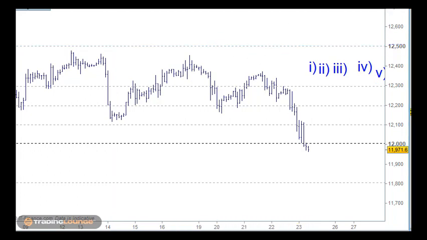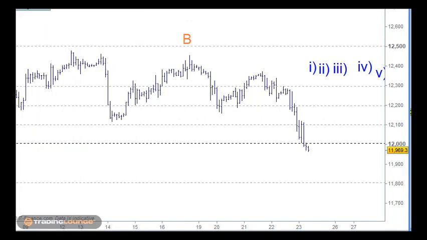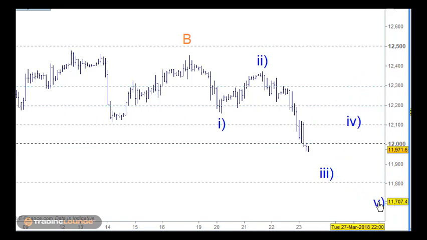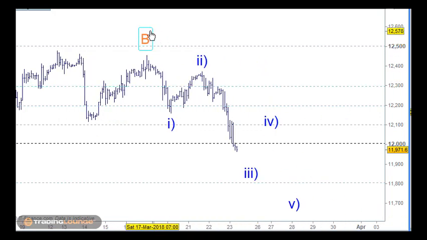So I'll just take this one here. This will be our B wave top here. The other way to count this logically is that we have wave 1 here, wave 2 here, wave 3 still needs to play out here, then a wave 4, and then a wave 5 down through to here, finishing here as the wave C.